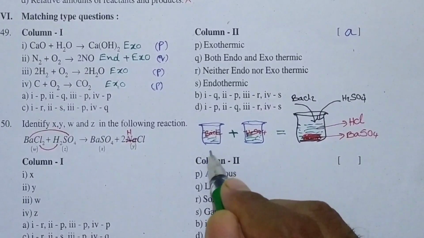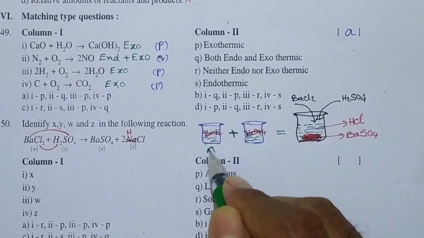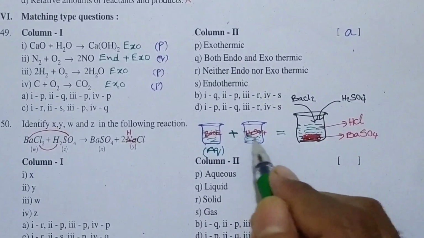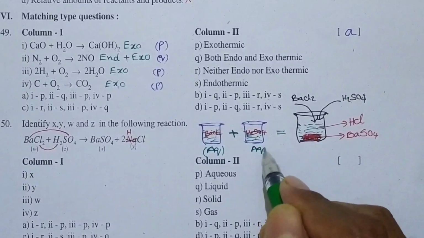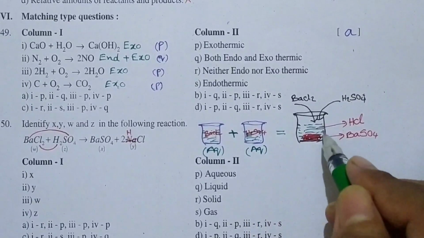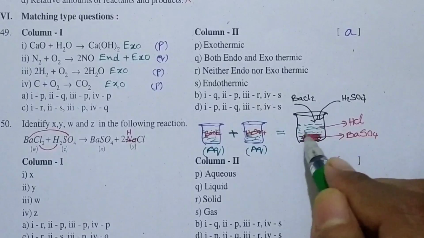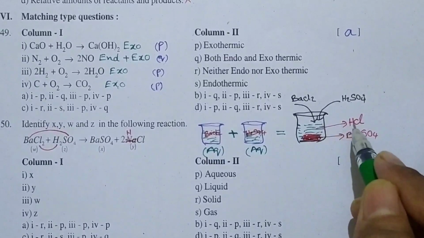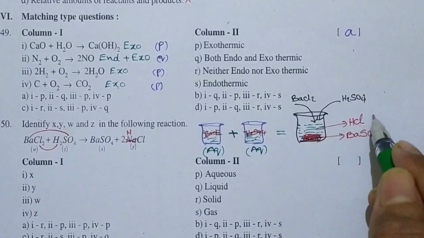Now let us try to write their states. BaCl2 added in water is called aqueous. In short, I am writing aq. H2SO4 added in water is also called aqueous. And HCl, this is a liquid. In fact it is not liquid, it is added with water. HCl plus water is also aqueous.